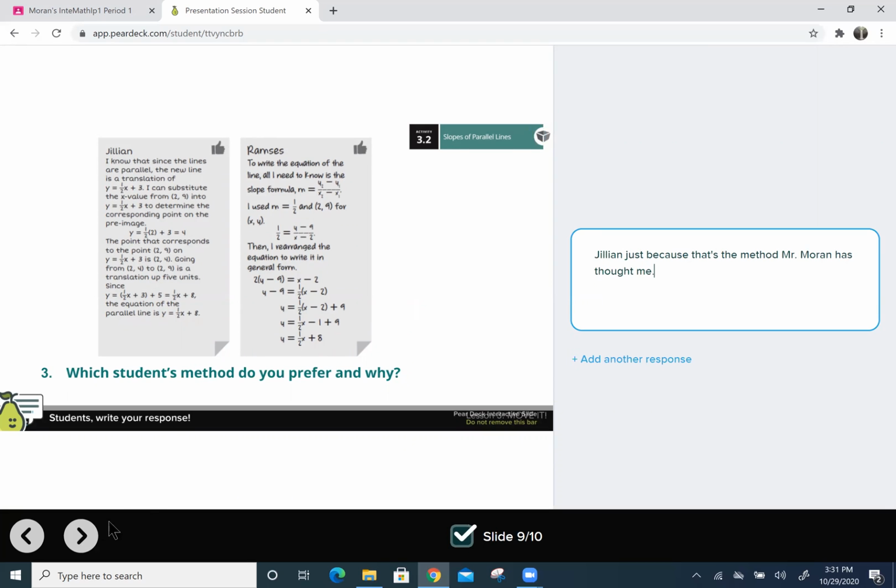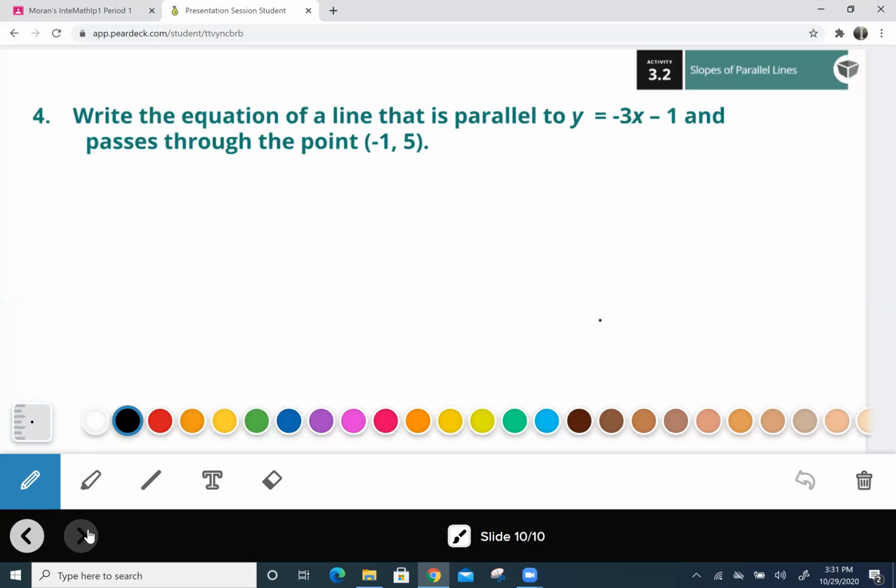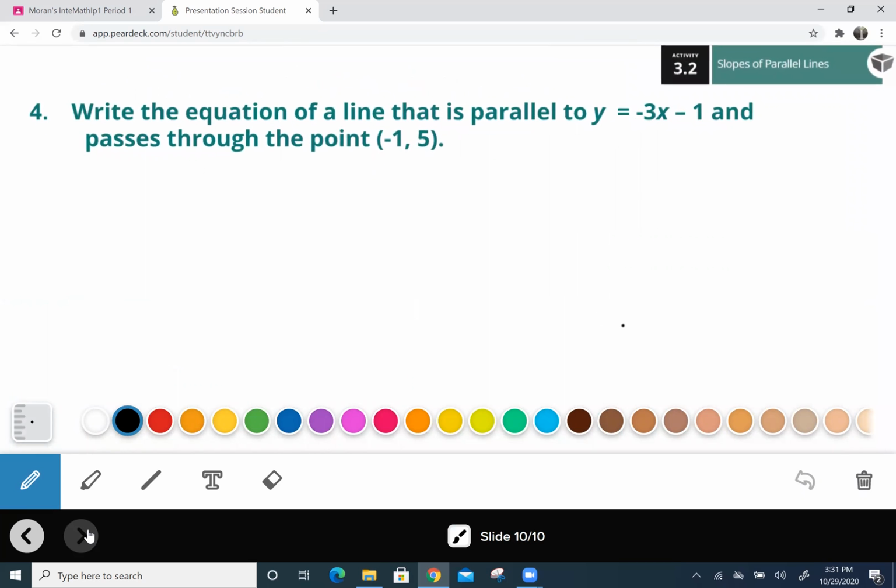Or try it. Okay, but actually I'm going to show you both ways, so you get an idea. I was talking today in tutoring about how, I don't know, I'll show you both ways.